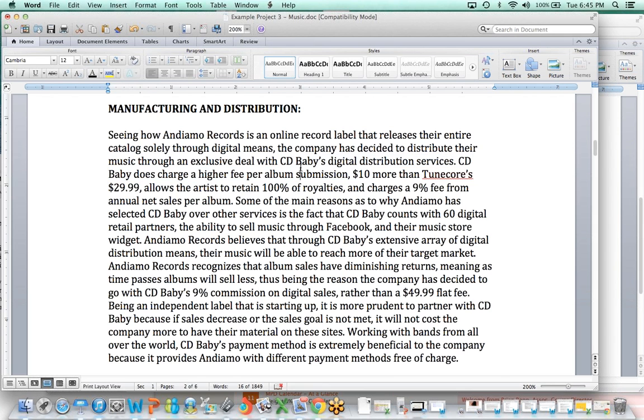This student's not just talking about how they're going to use CD Baby, but they're explaining why they chose CD Baby over the competition. So I'm just glancing here. They say, okay, it's $10 more than TuneCore's. It charges more, but it allows the artist 100% of royalties and charges 9% fees.